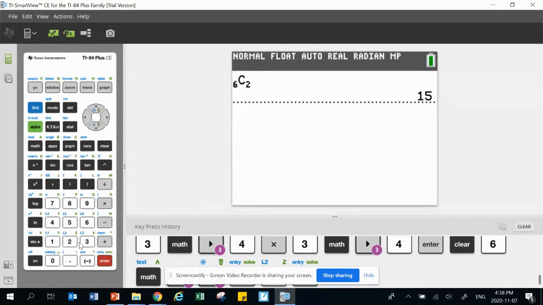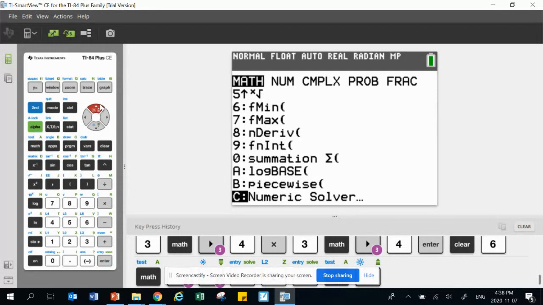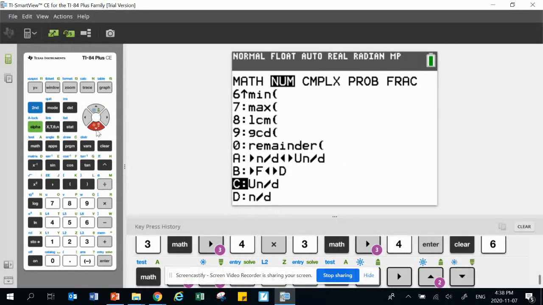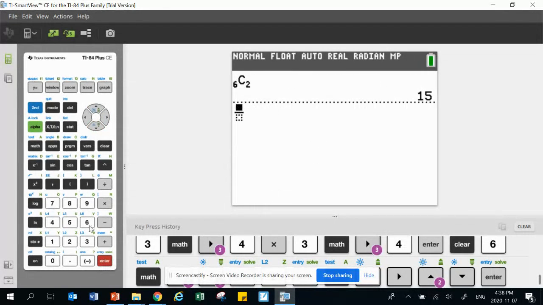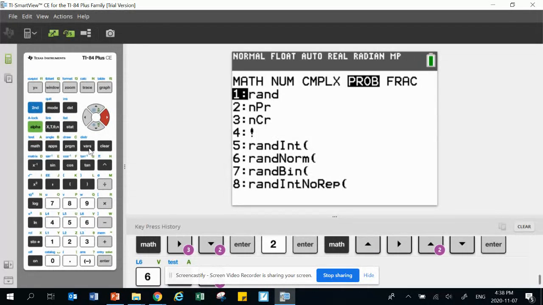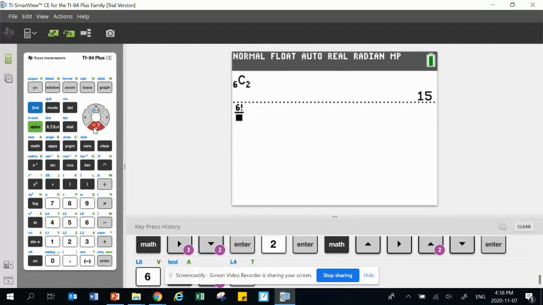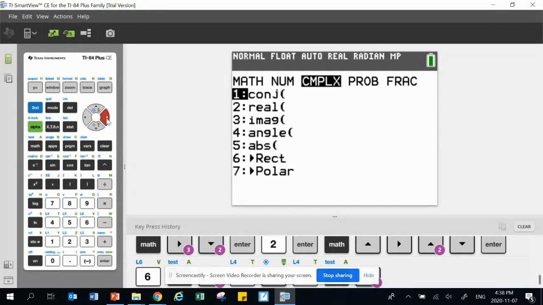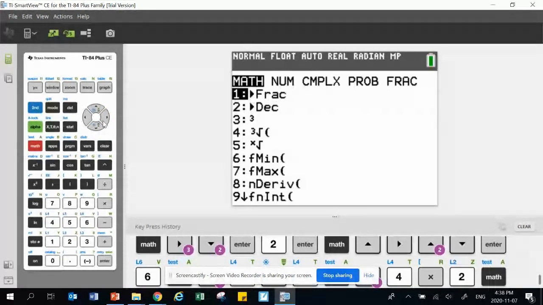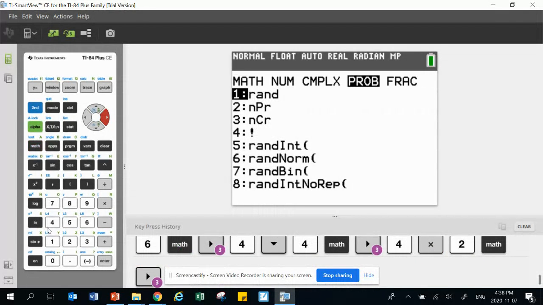Okay, so it's doing the same thing as 6 factorial over 4 factorial times 2 factorial.